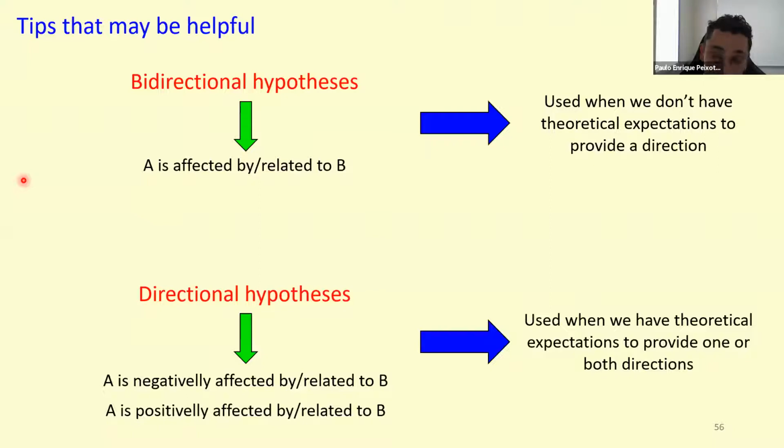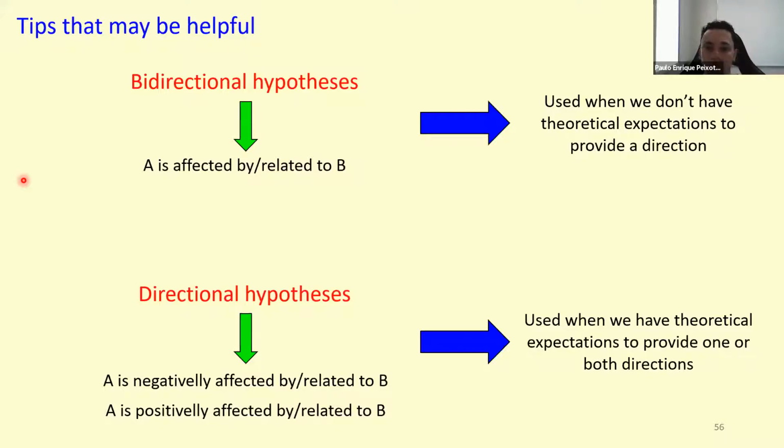And in some cases, you may have two competing explanations. For example, you may have process one that leads to the first hypothesis: A is negatively related to B. You may have an alternative process that leads to the opposite pattern: A is positively related to B. If you have both processes, you should present both hypotheses, but in a separate fashion.